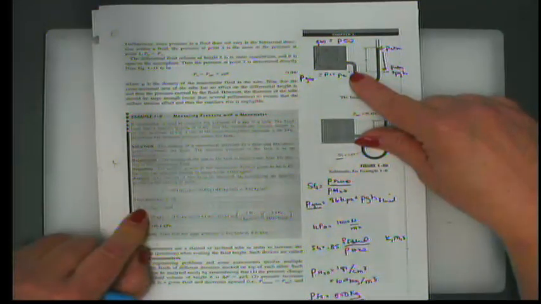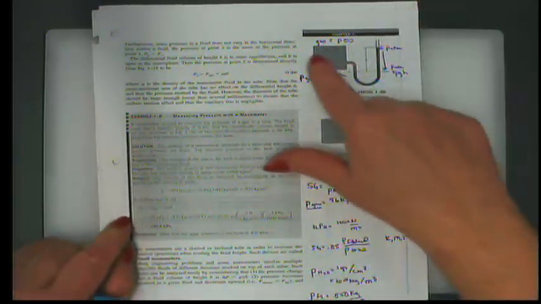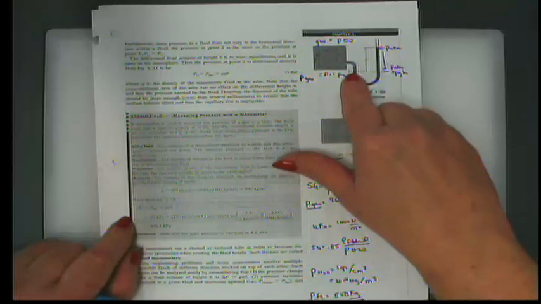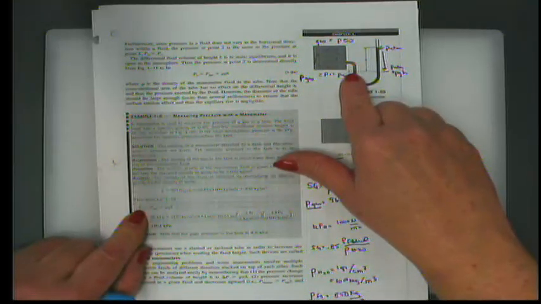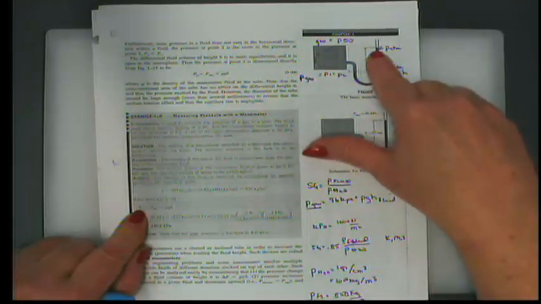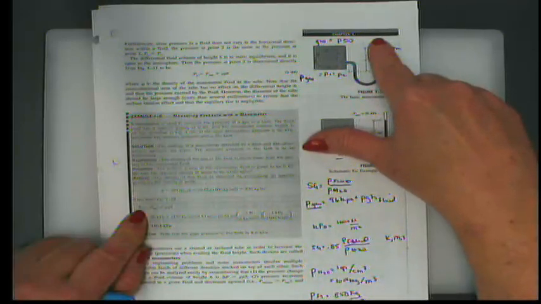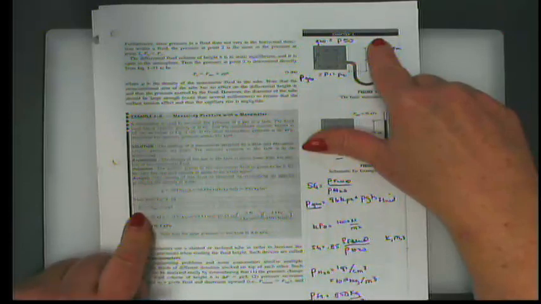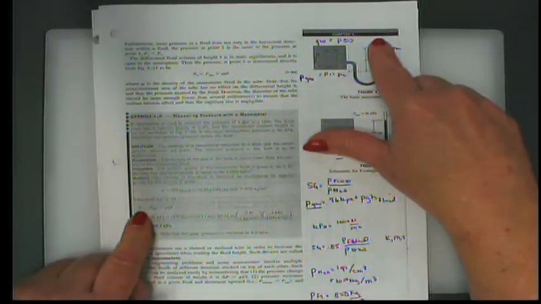Right? So basically there are 2 ways you can look at this. We could also say P, which is right here, minus rho GH is equal to P in the atmosphere. See what I'm saying? It's just that if this term, the rho GH, moves over to the other side of the equation, it's mathematically identical.